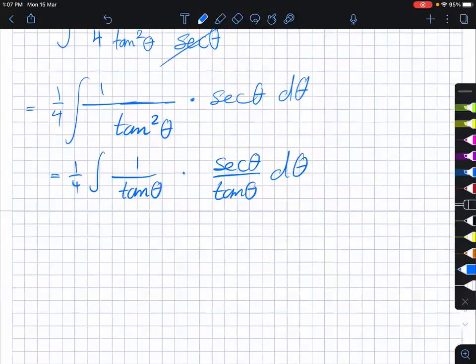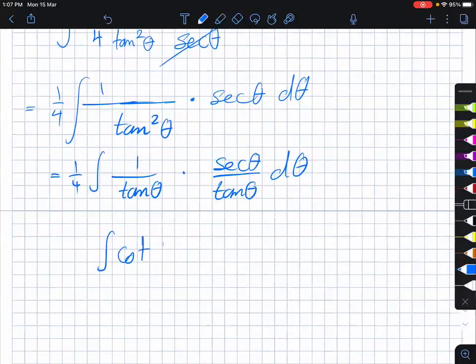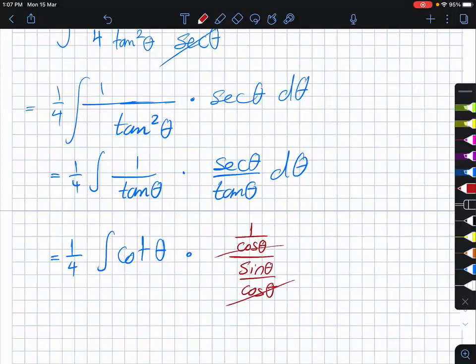1 over tan is what? Cotan. And here the 1 over 4, the sec over tan. The sec is 1 over cosine, and the tan is sine over cosine. So we can cross out the cosine with the cosine, and we still have only 1 over sine.